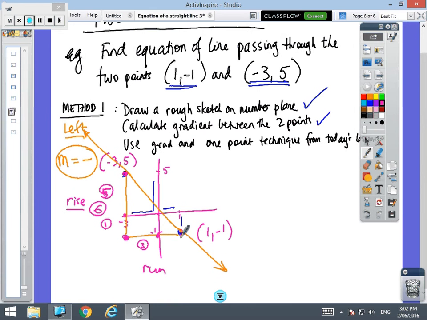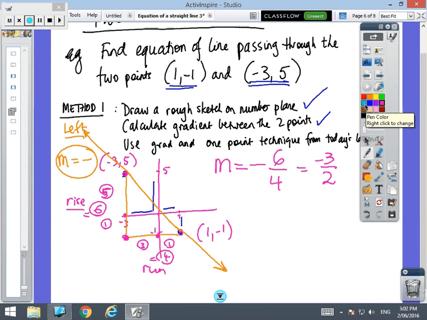Then from 0 to 1 is a 1. So I'm going a total of 4. The gradient is a negative because it's going to the left. It's the rise over the run, and just to make it a little bit smaller, turn it into a smaller fraction, minus 3 over 2, by division by 2.